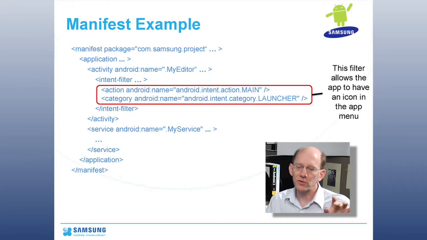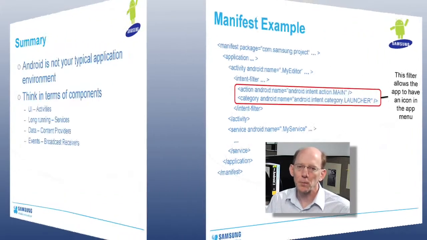And that intent filter is one where you give it an action of main, and then a category that's the launcher category. So main entry point, that's a category of the launcher, so the launcher can trigger it.